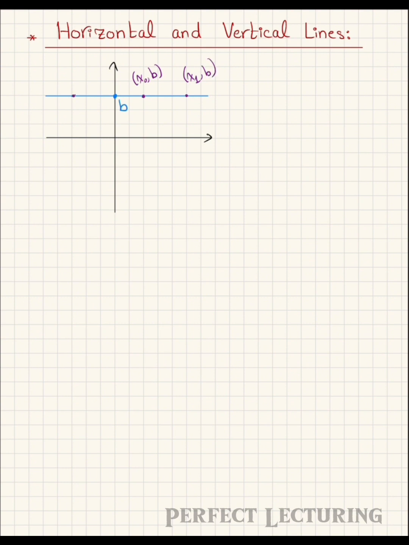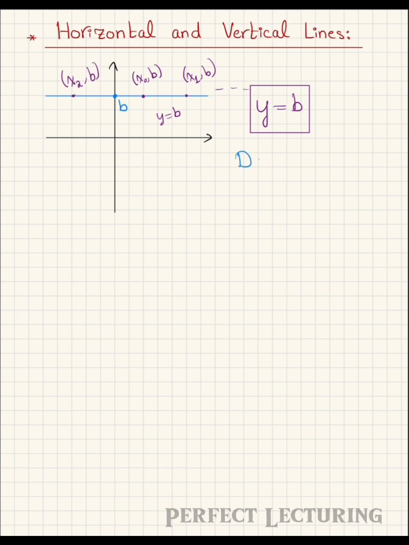What about this point? Some x2 and b again, and so on. So no matter which point I choose on this line, I will always end up with y equals b. And this is exactly what the equation of the line is: y equals b. It is like we are saying that this line has the feature that all the points on it have y equal to b.